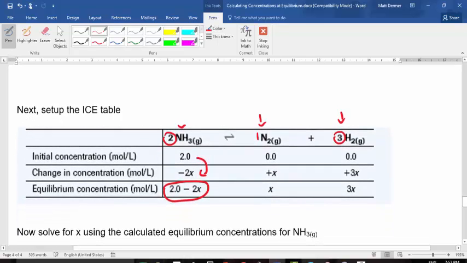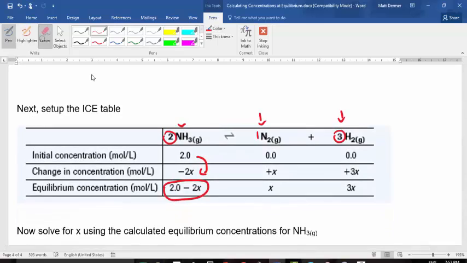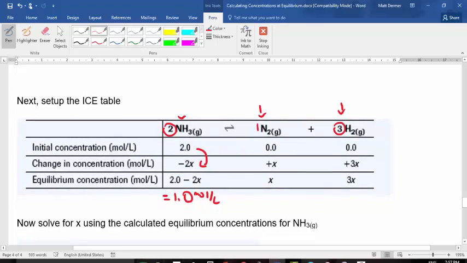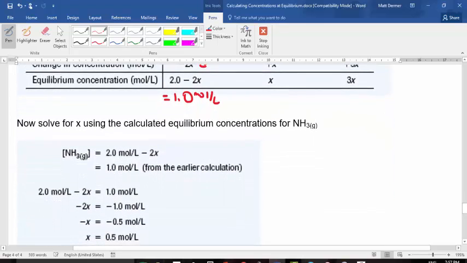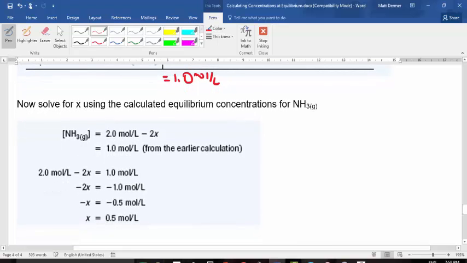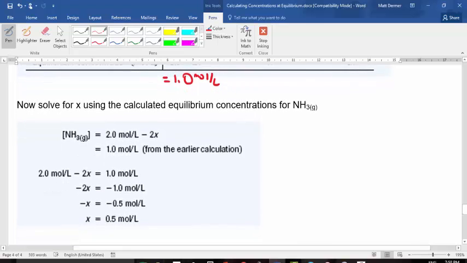Now the last bit of information is that the equilibrium concentration of ammonia was provided. We were told that the quantity of ammonia at equilibrium was 1 mole per liter. So I'm going to take the 2 minus 2x, set it equal to 1 mole per liter, allowing me to solve for x. And that's what I'm doing here. So x ends up being 0.5 moles per liter.